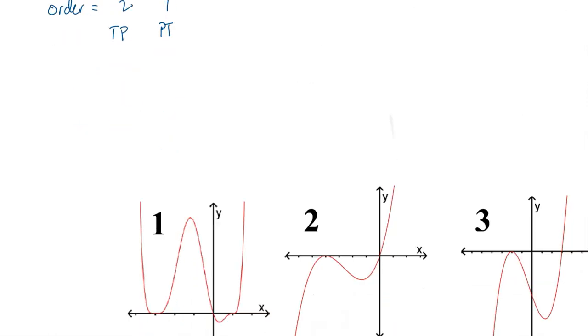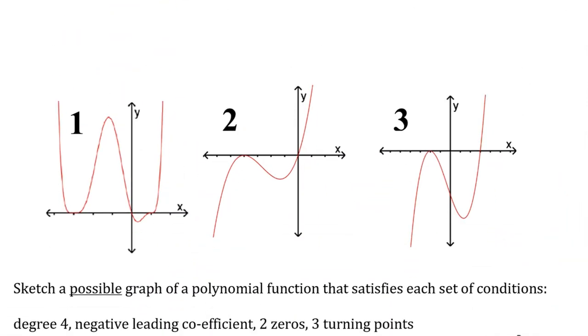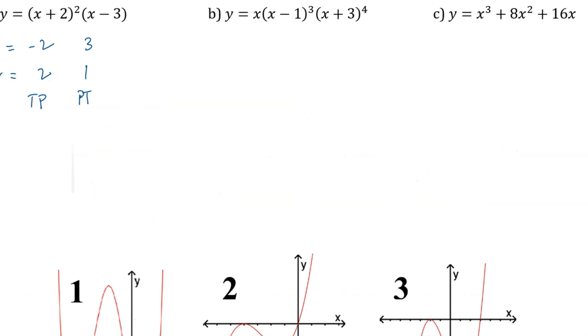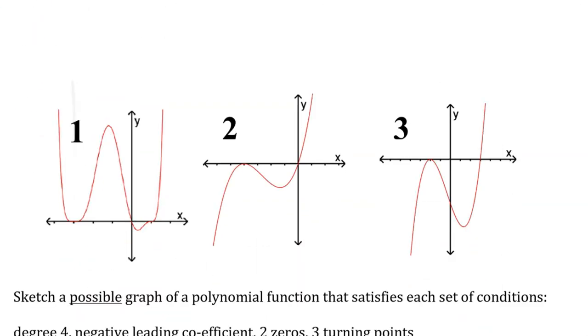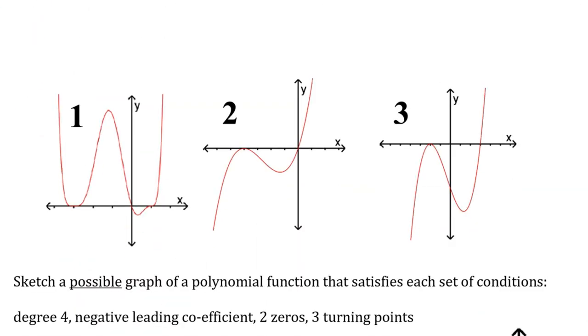And I look at all 3 graphs and I say, which one of these has a pass-through at 3 and a turning point at -2 and is also degree 3 and also has a positive leading coefficient?